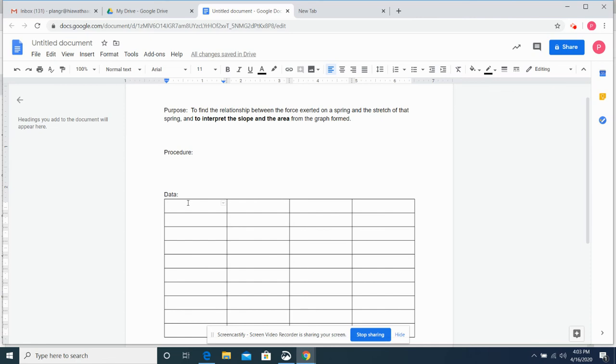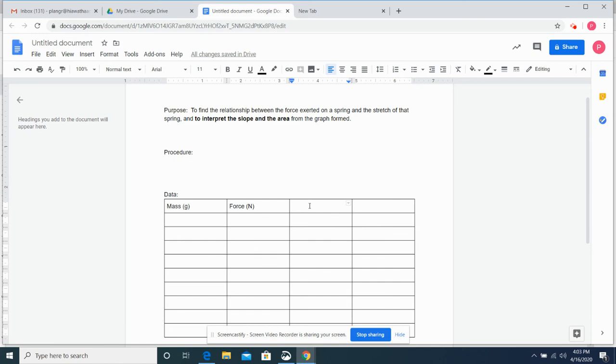All right, so I'm going to be measuring mass, and that's going to be measured in grams, but you are going to have to convert to a force. There's going to be another video where you are going to be able to convert to force in newtons. I'm going to make sure that you remember how to do that if you don't. All right. And then of course we need how much the length changed. So we are going to have a column on this table, which is going to be the length.